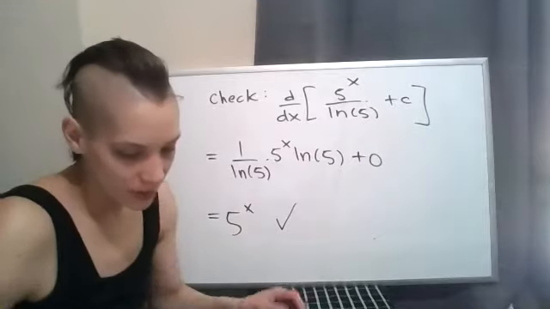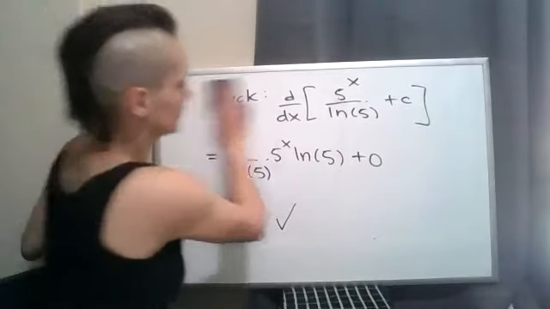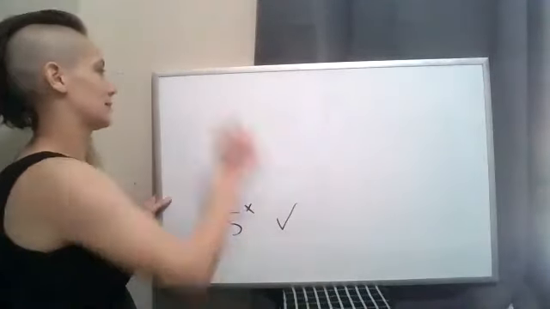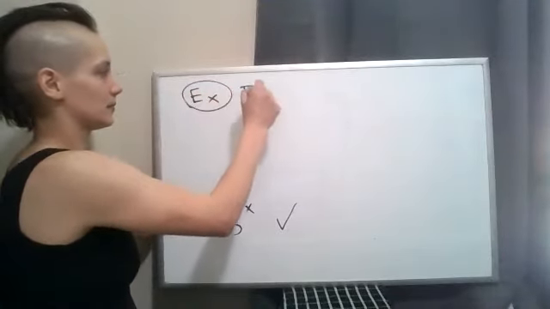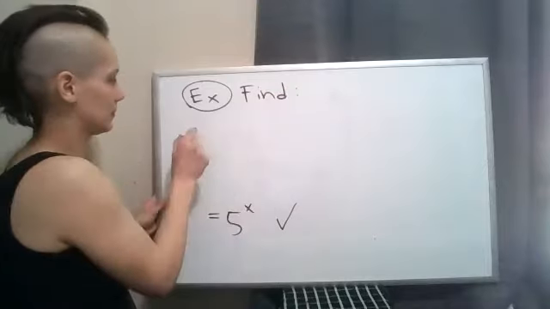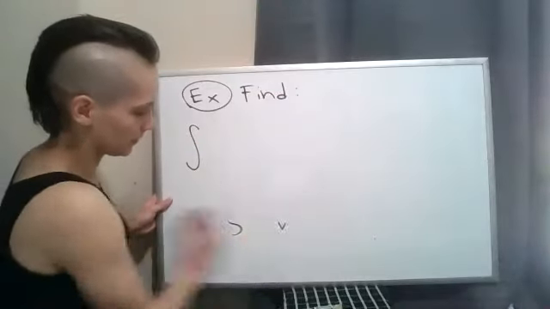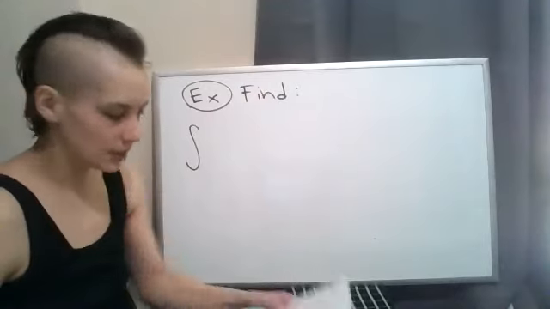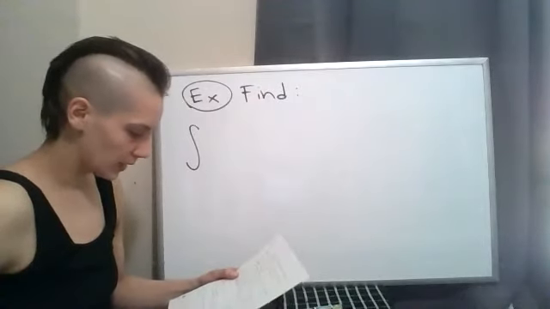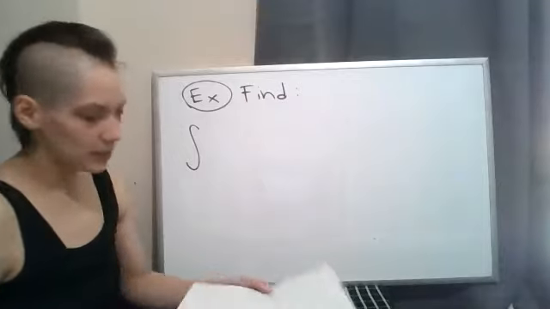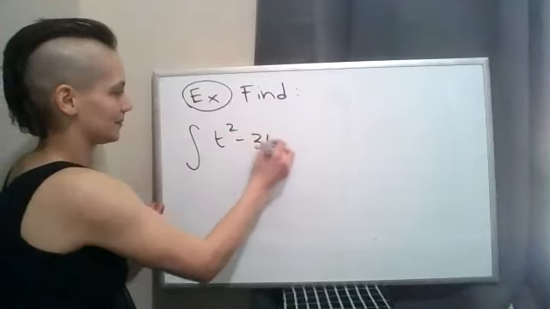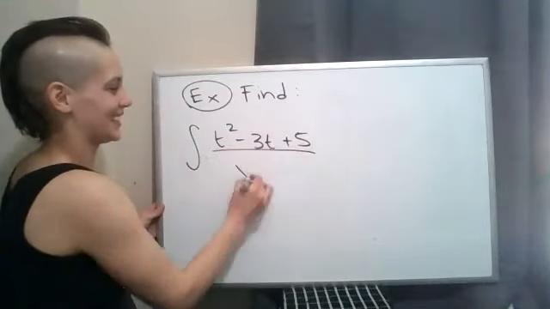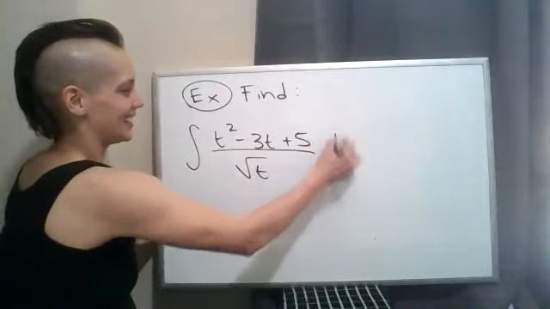Okay, next one. Number 2. This is the integral of t squared minus 3t plus 5 over root t dt.